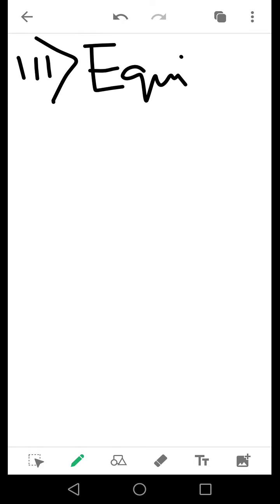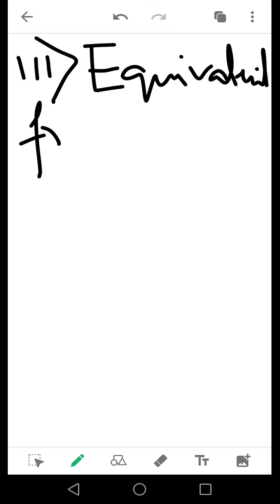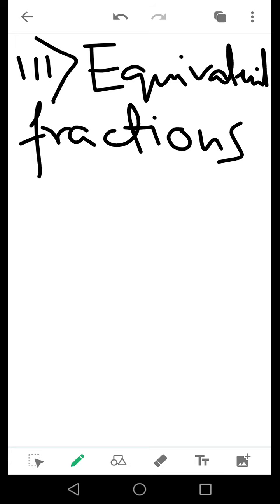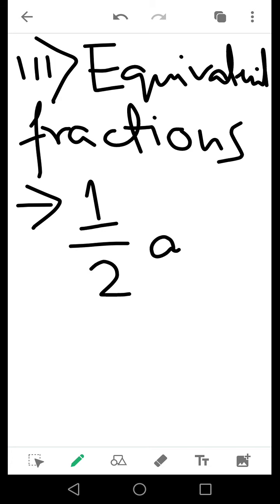Here, final type, equivalent fractions. Now, what actually are equivalent fractions? See that, suppose I have two fractions, 1 by 2 and 3 by 6.